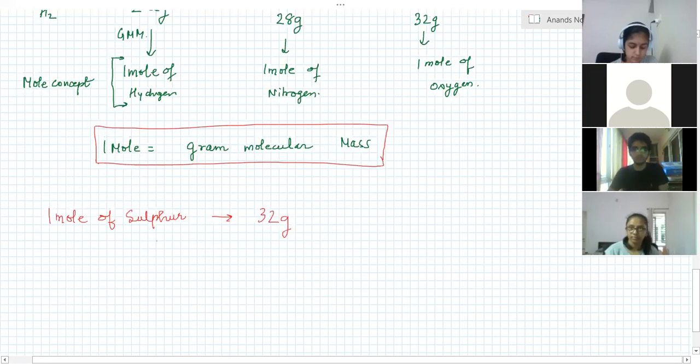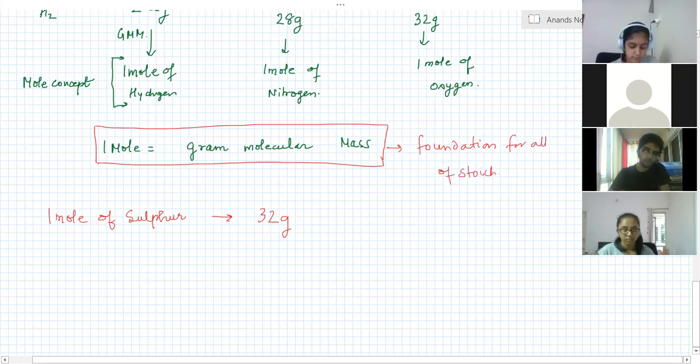So how do we use mole in chemistry? Like, for what do we use mole? Okay, that's a good question. This forms the foundation for all of stoichiometry. Stoichiometry means you have to measure things and you have to make the compounds, right?